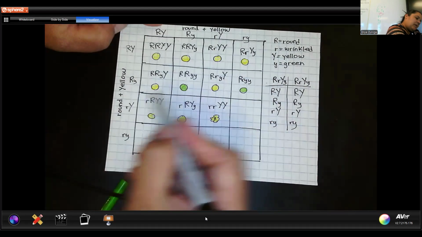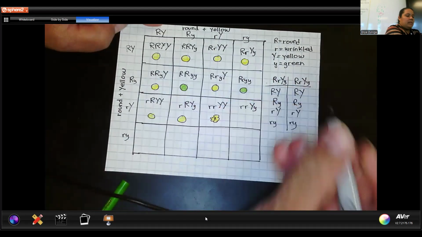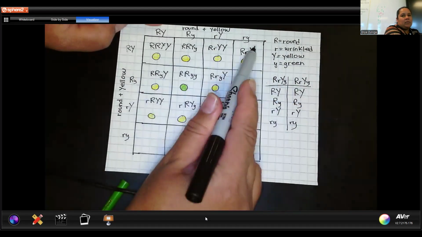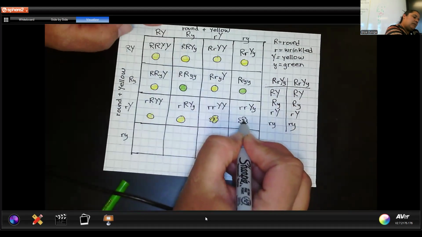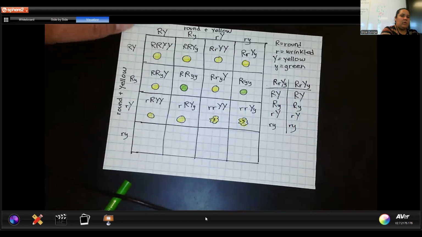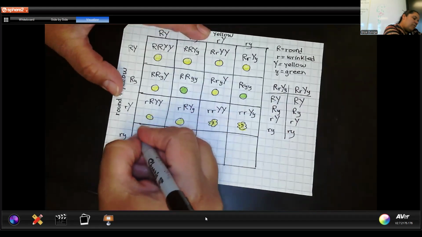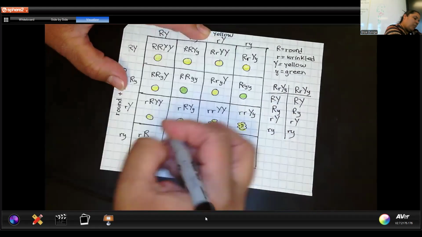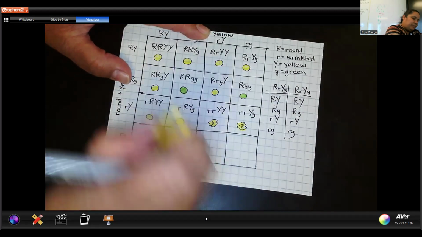So we do the same thing on the other one. This time, the Y is dominant and the other y is recessive, okay? So it's also a wrinkly seed and it's also yellow. Okay, so on the next row, we have lower r, lower Y, upper Y. And this is round and yellow.